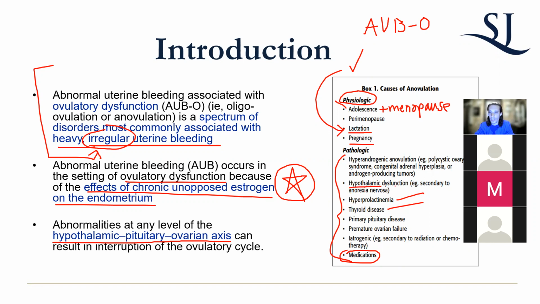Hypothalamic dysfunction, like anorexia nervosa, but also your female athlete triad, that's actually a real thing because it disrupts the HPO axis. So then you can have problems there as well. And then you could just have good old premature ovarian failure, which is an idiopathic situation, but you could diagnose it. You diagnose it with obviously your history, but also anti-Müllerian hormone, okay?